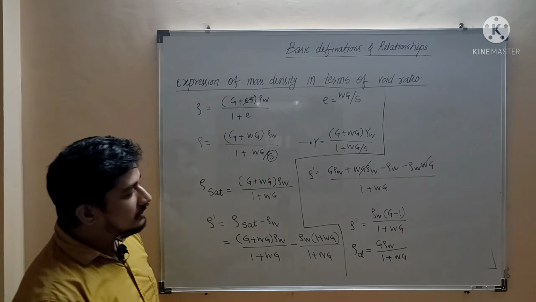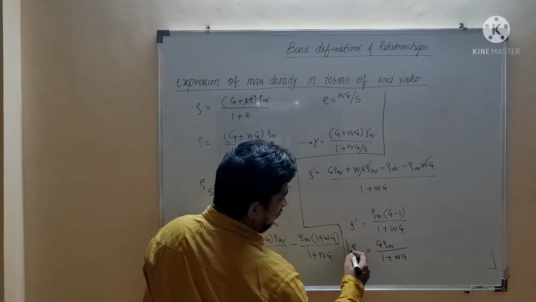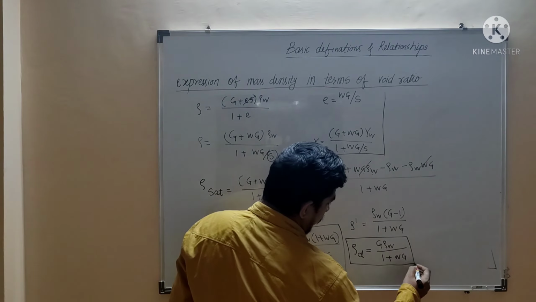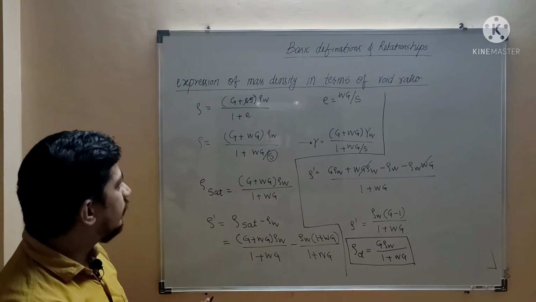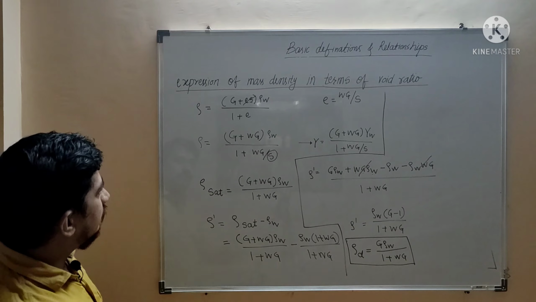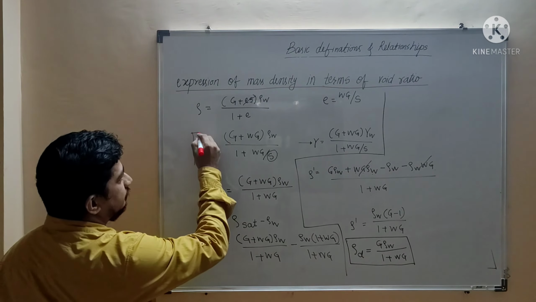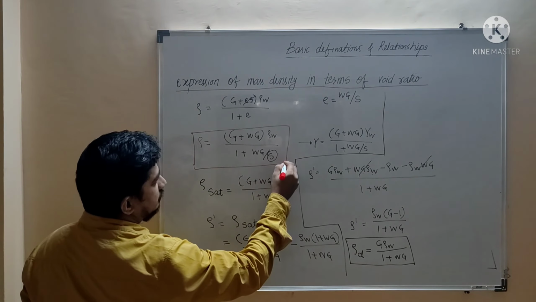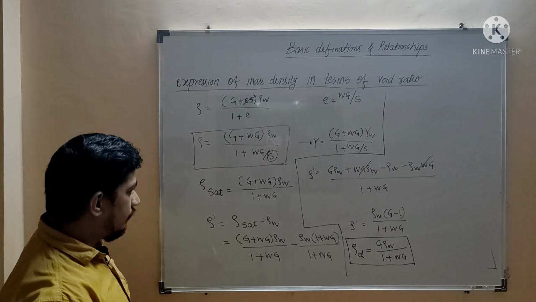Okay, so this is another formula we got. In total we got additional formulas like this one: (G plus wG) divided by (1 plus wG by S) multiplied by rho w.